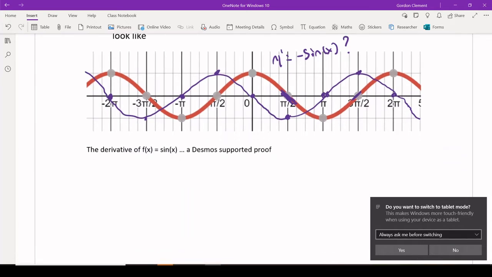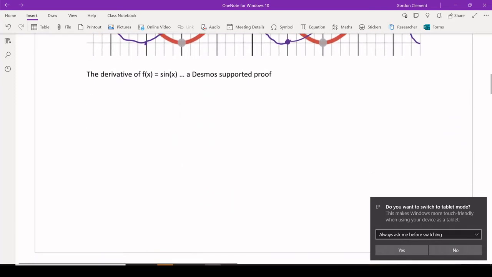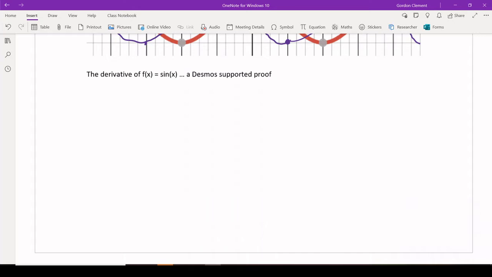I'm going to actually prove the derivative of sine. We're going to use Desmos to help us out here. We don't have a rule for trig graphs. We've got to go back to first principles.